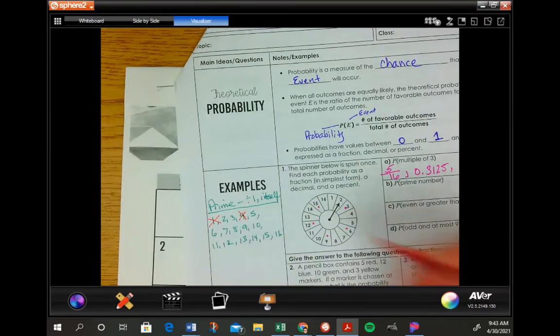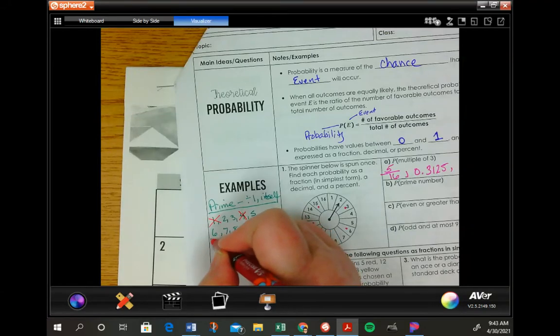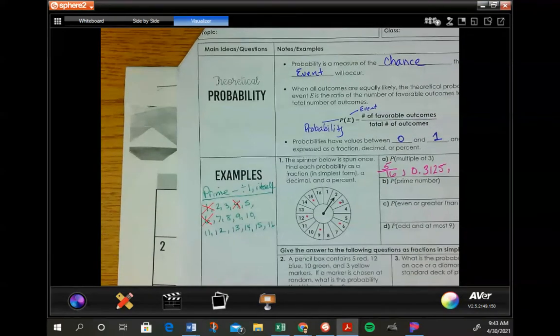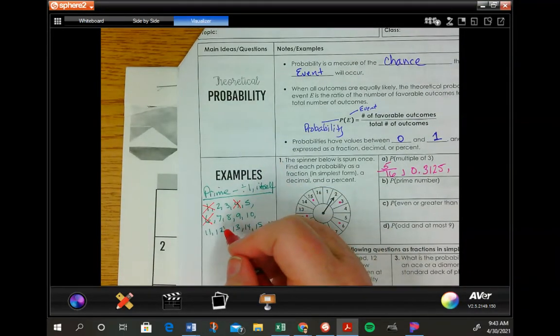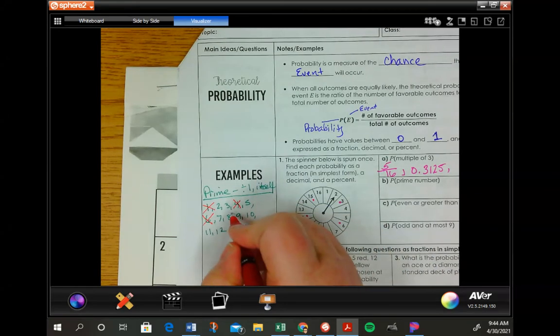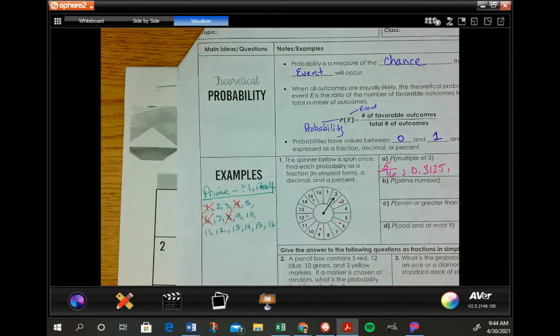You can divide it by 2. 5 is prime, only divisible by 1 and 5. 6, not prime, divisible by 2 or 3. 7, prime, only divisible by 1 and 7. 8, excuse me, not prime, divisible by 2 and 4.